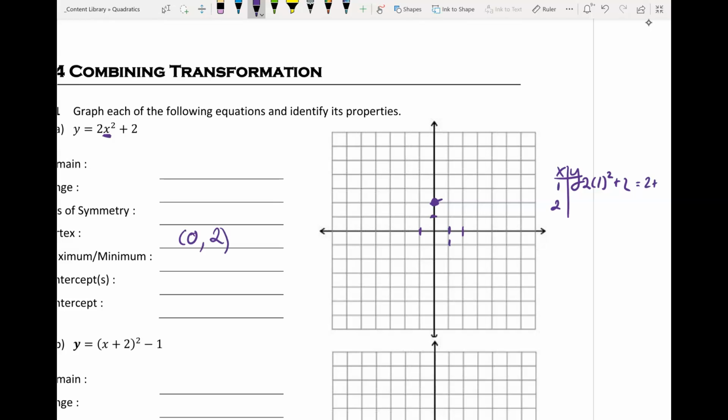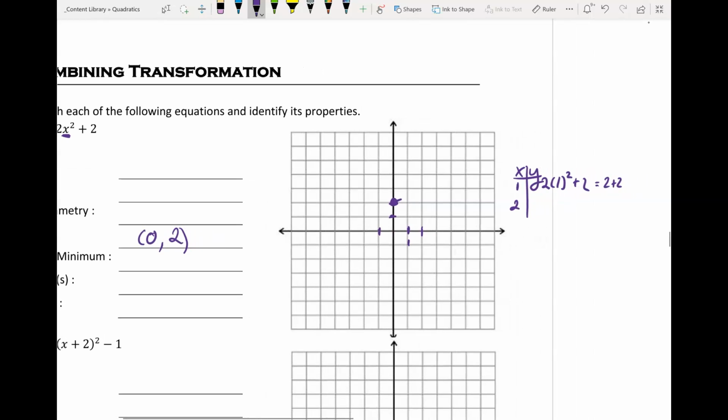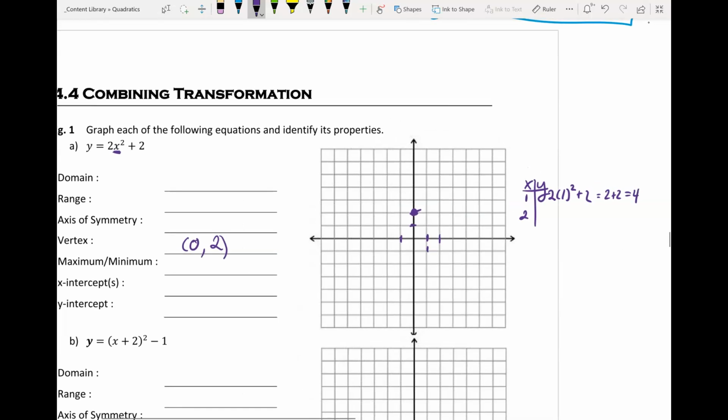So that's 2 plus 2, which is 4. Then if you want to find the next point, we're going to do 2 times 2 squared plus 2, again putting x equals 2 into our original equation. That's 2 times 4, which is 8 plus 2, and that's 10.